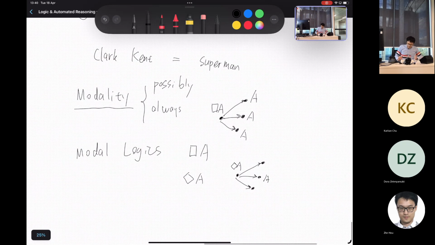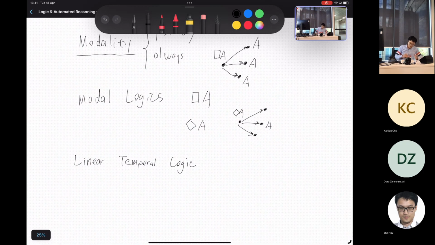And then there are other sorts of non-classical logics that talk about time. The example is linear temporal logic. It's also got this kind of modalities, but they mean different things. Being linear, the belief there is that the world is a linear time step.